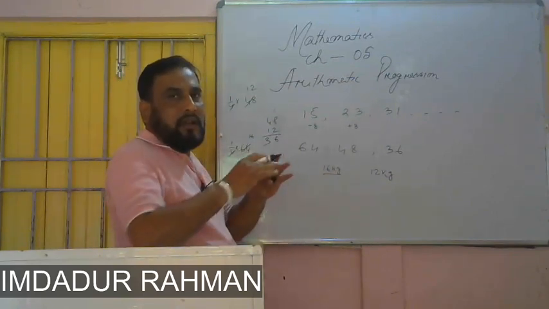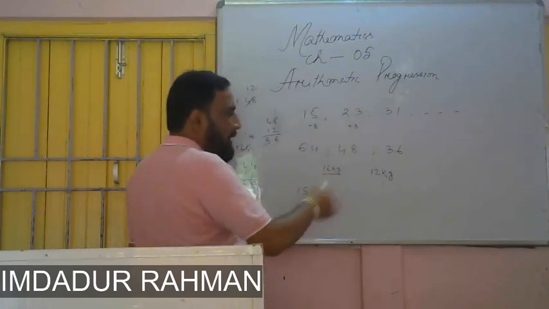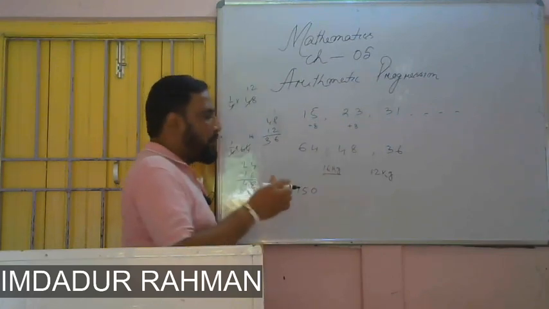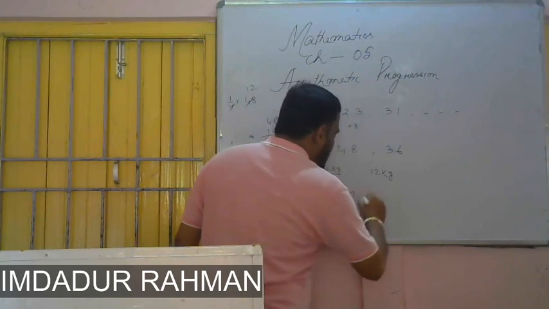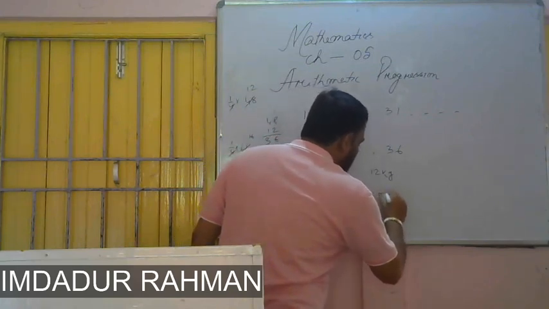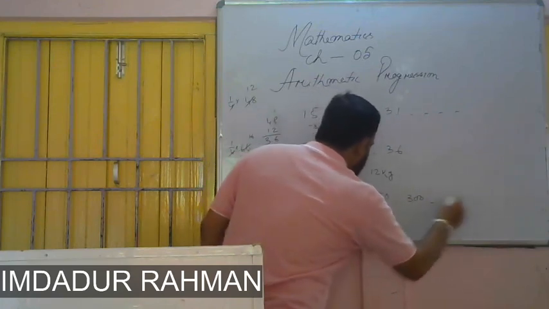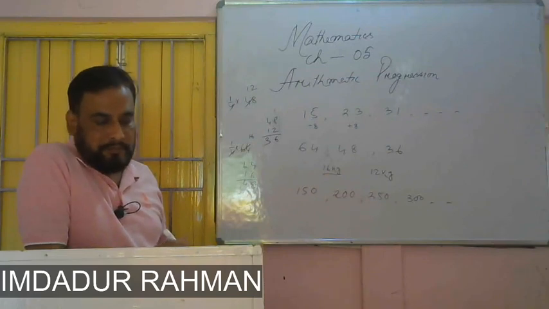The cost of digging the first meter is 150, and then after each meter the cost is 50 more, that is for the second meter 200, for the third meter 250, like this 300. So here common difference is 50, so it is an arithmetic progression.